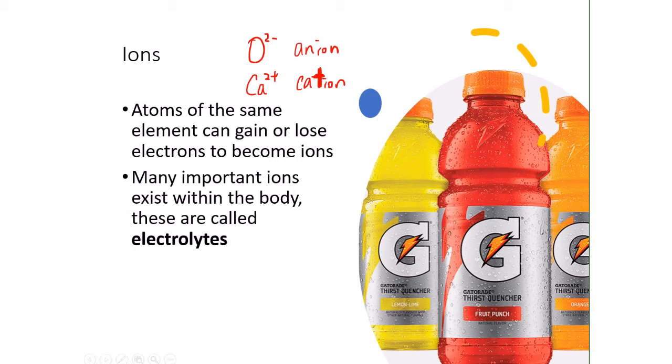And in Gatorade, there are a lot of electrolytes. There is potassium in it, there is sodium in it, maybe a little bit of magnesium. All these are electrolytes that we need in the body. And in fact, a lot of these things are part of the trace elements, right? We're going to need these trace elements in small quantities for normal bodily functions.